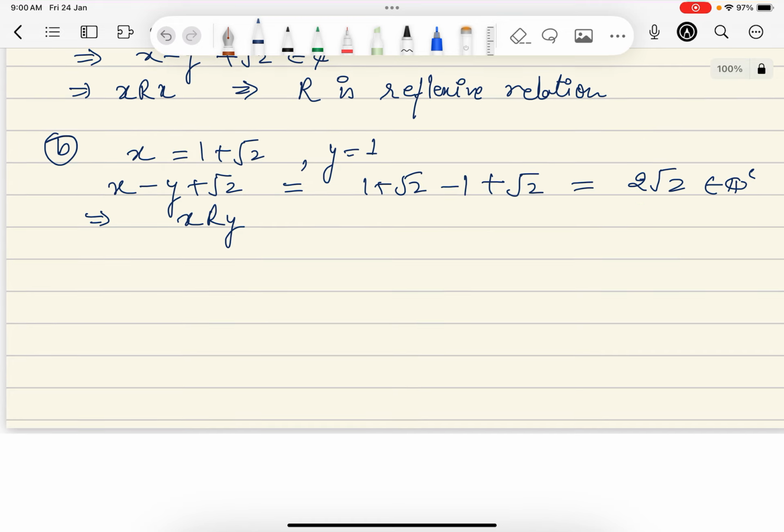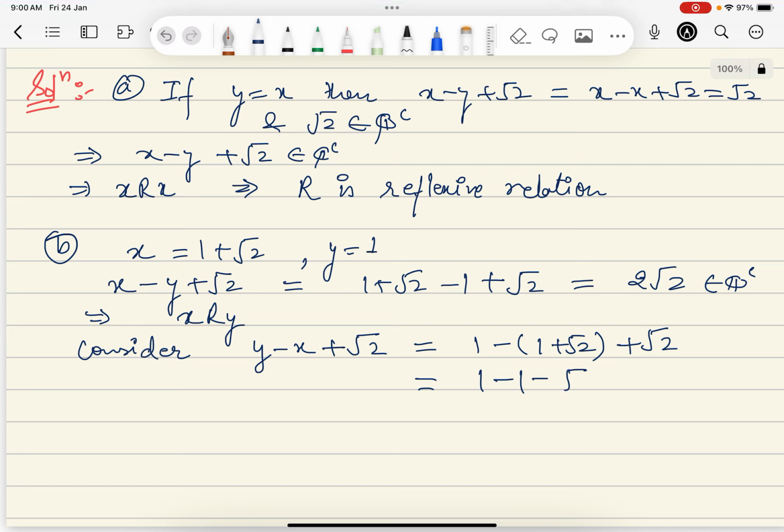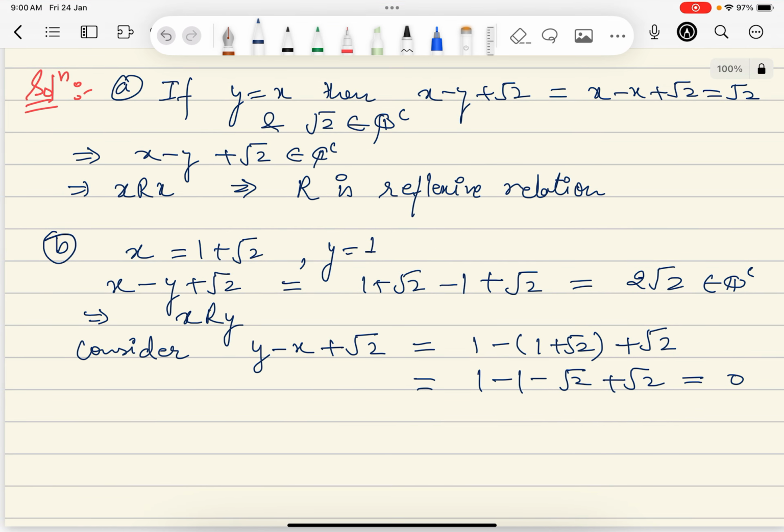Consider y minus x plus root 2 equal 1 minus 1 plus root 2 plus root 2, that is equal 1 minus 1 minus root 2 plus root 2, which is equal to 0, and 0 does not belong to Q complement.